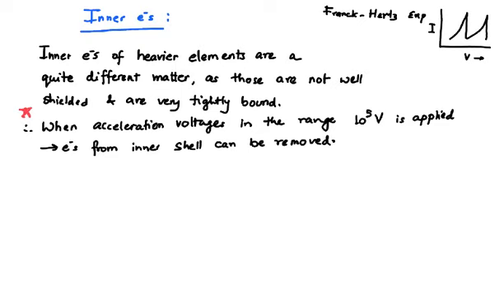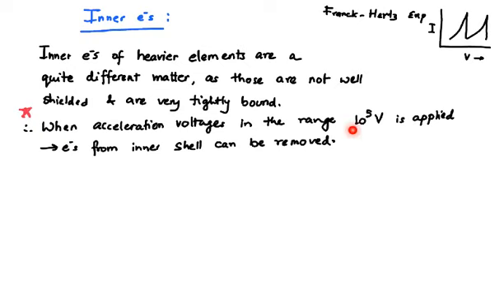Now, inner electrons of heavier elements. Heavier means they have a much higher atomic number and atomic mass. Inner electrons of heavier elements are quite different because they are not well shielded and are very tightly bound.